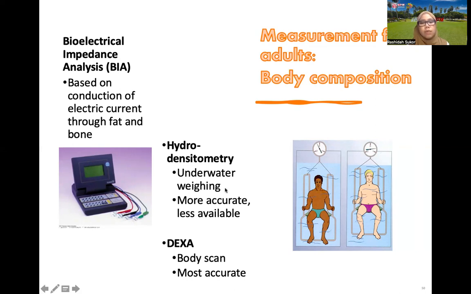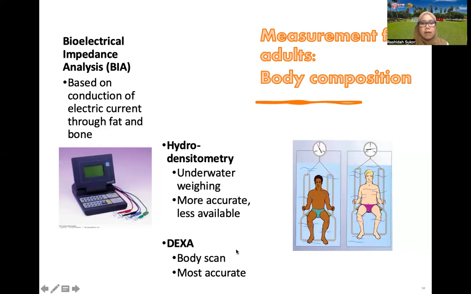This is underwater weighing, more accurate and less available. I think they use this in the United States, or in Australia, for example. I'm not sure if they have this in Malaysia.